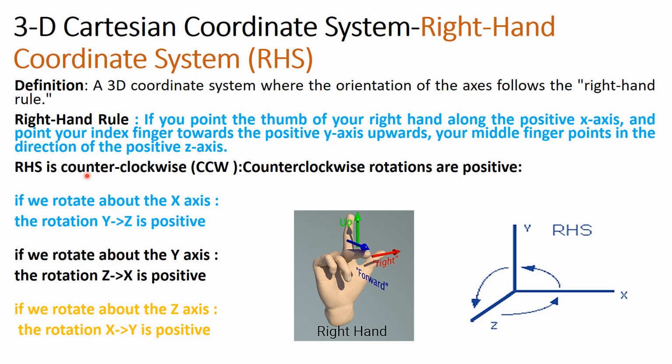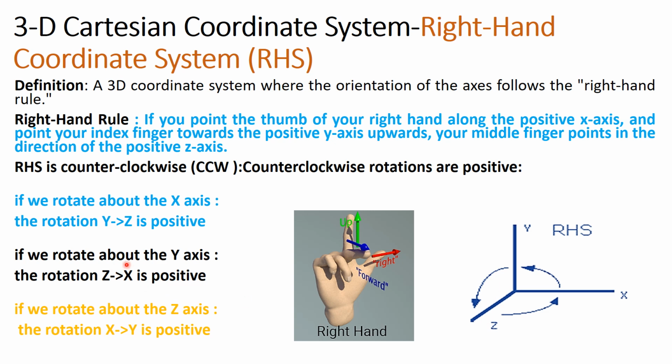It follows that anti-clockwise movement is considered positive movement in the RHS system. If we rotate about the x-axis, a rotation from y to z is considered positive.